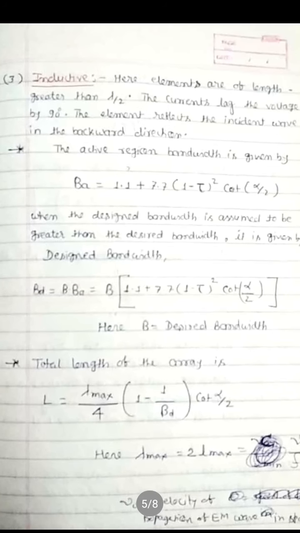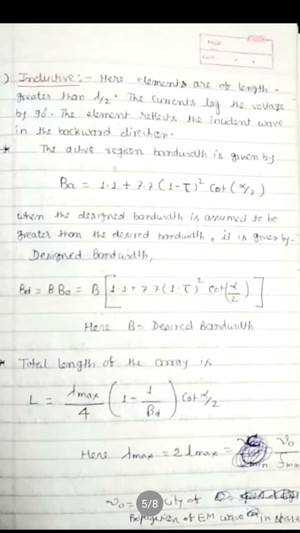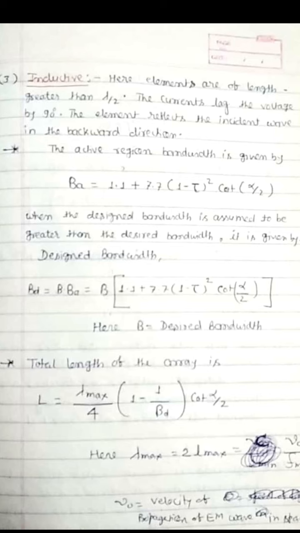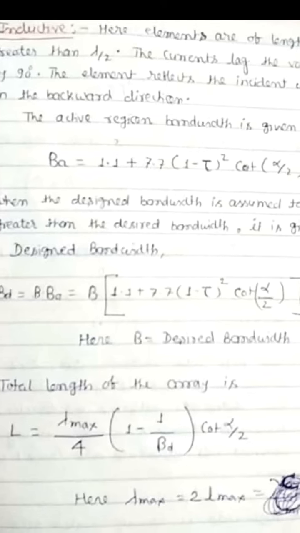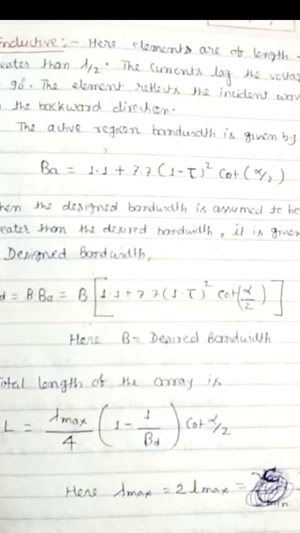Now the inductive region: if the elements are of length greater than lambda by 2, the currents lag the voltage by 90 degrees. These elements result in the incident wave going in the backward direction. The active region bandwidth is given by this formula, which you can learn.